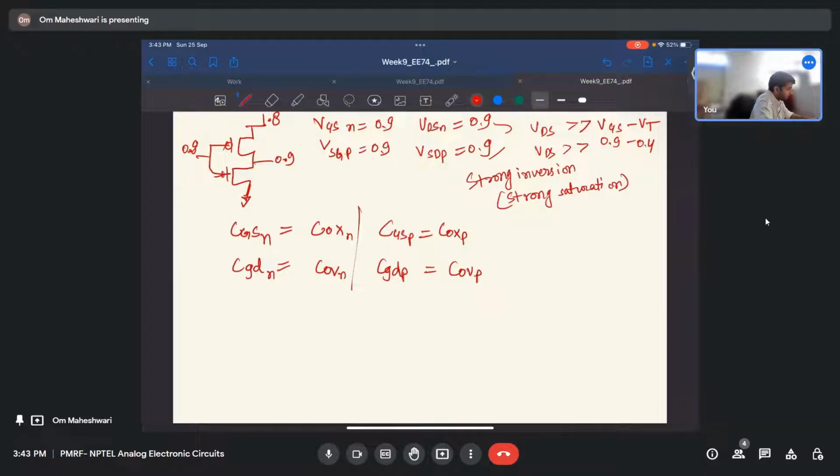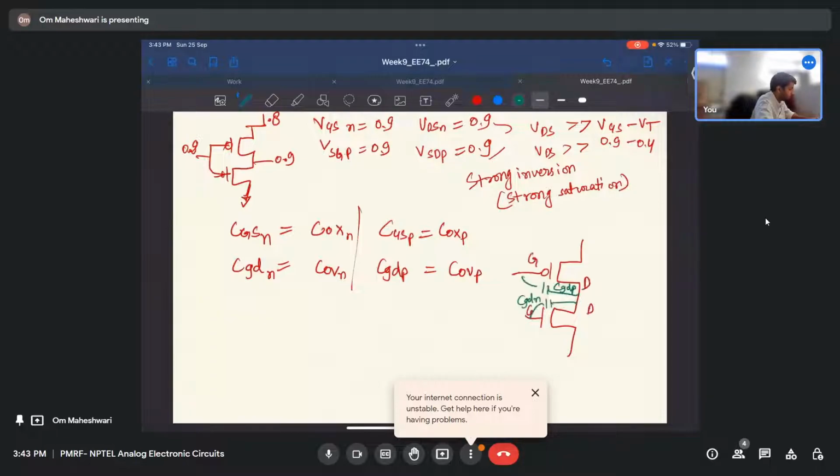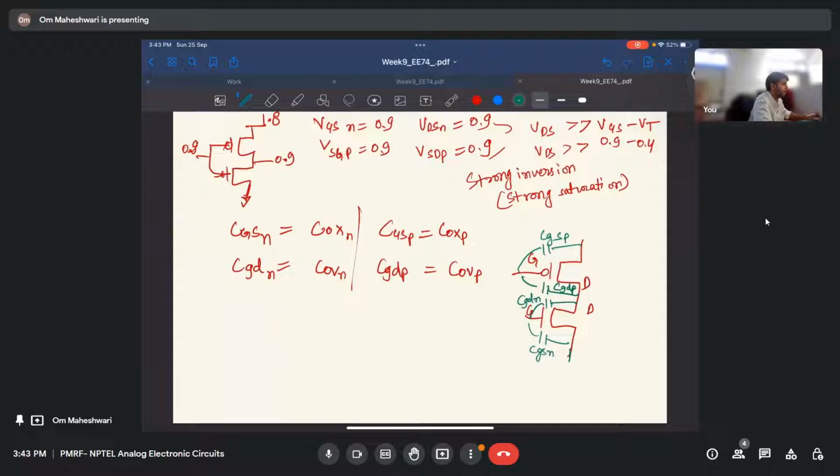Okay, so now let us see all the capacitances at the input that we have to worry about. So this is gate, this is here, this is here. So there will be one CGDN here, CGDP, and one CGSN, CGSP.